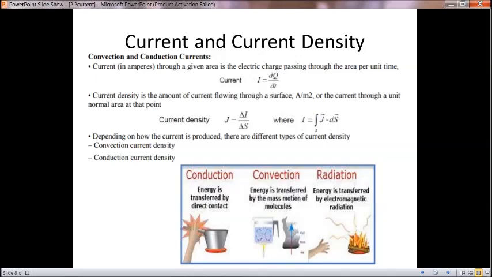Convection current means energy is transferred by the mass motion of molecules. Whenever an applied field is present, a force acts to make the charges move, which is the convection current. Radiation means energy is transferred by electromagnetic radiation. So based on conduction current and convection current, we have convection current density and conduction current density.